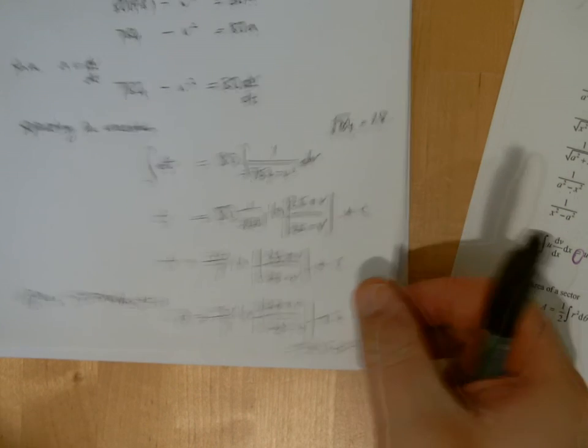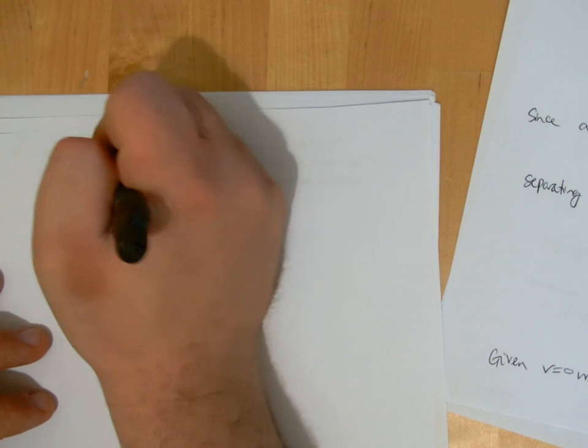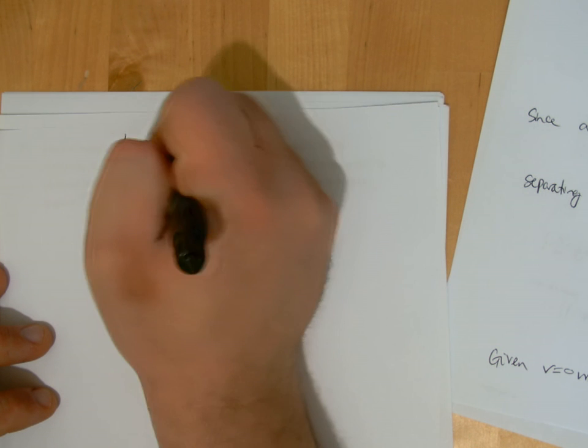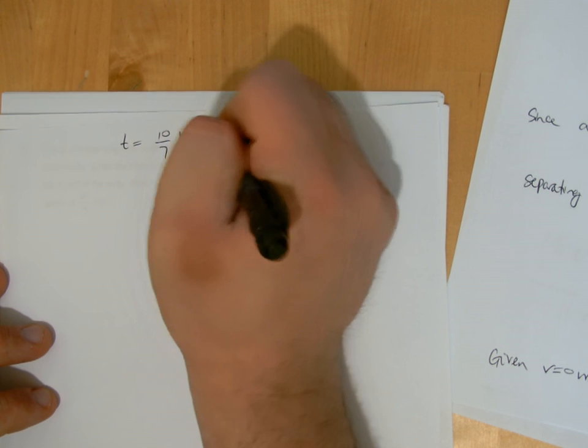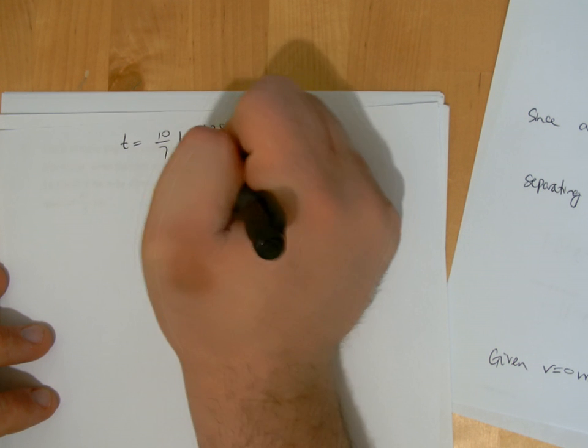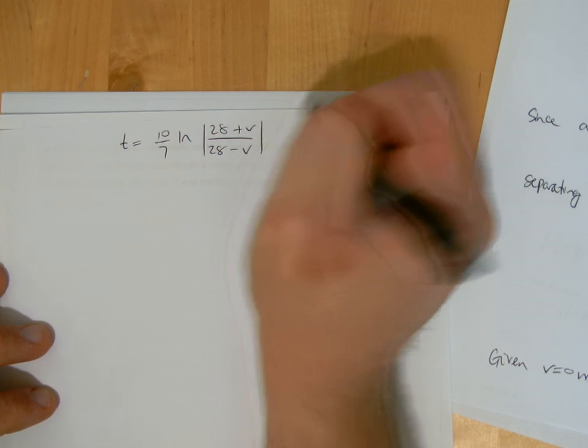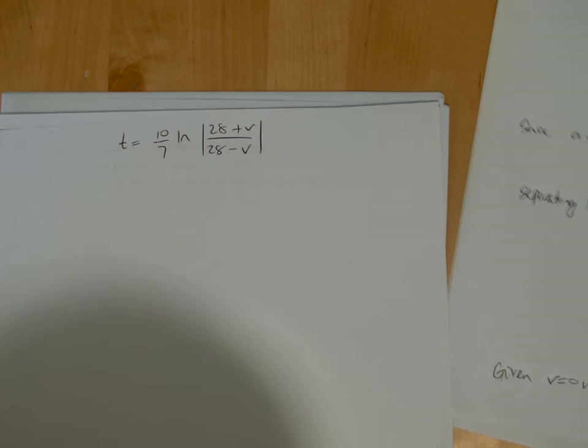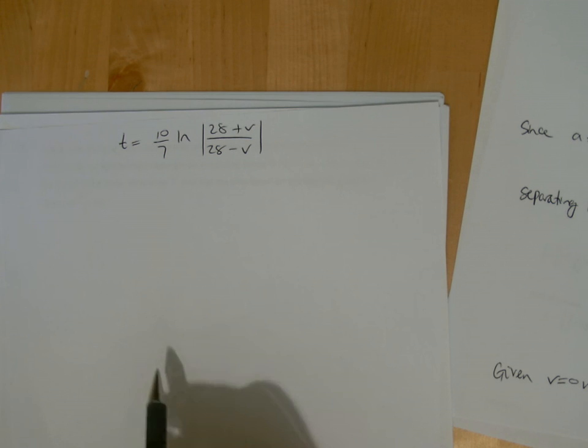So you've got t is equal to 10 over 7 ln of 28 plus v over 28 minus v, and c is 0. And the question asks, find the time taken for it to reach a speed of 21.